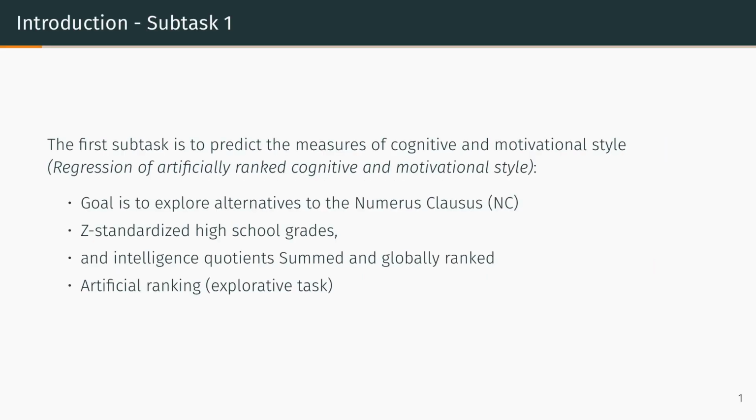So the first subtask was to predict the measures of cognitive and motivational style. The goal behind this task is to explore potential alternatives to the numerus clausus. The dataset contains different measurements, which are a few grades and two different intelligence quotient values.